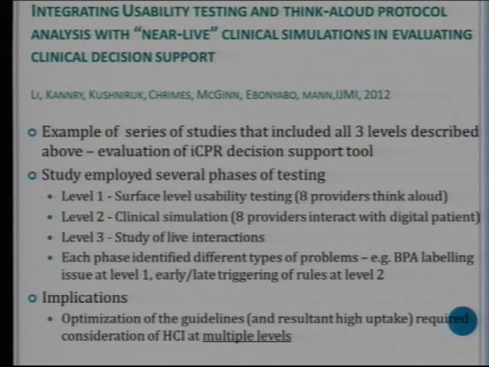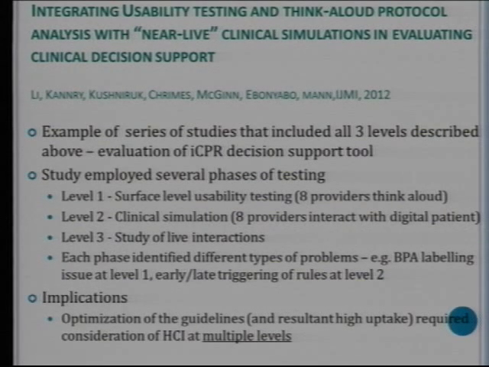This was a recent study, 2012, that we did with Mount Sinai. It was Joseph Kannry, Tom McGinn, and Devin Mann. I don't know if you know them. It was in the International Journal of Medical Informatics. It's a series of studies that included all 3 levels. So we moved to packaging it this way. The study employed several phases. We had a level 1 where we had a bit about the tool.